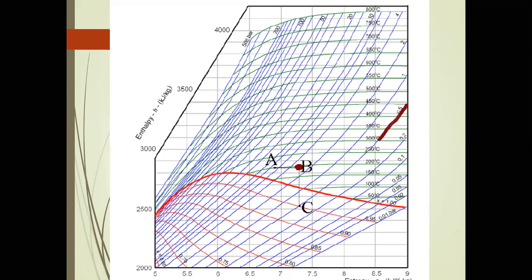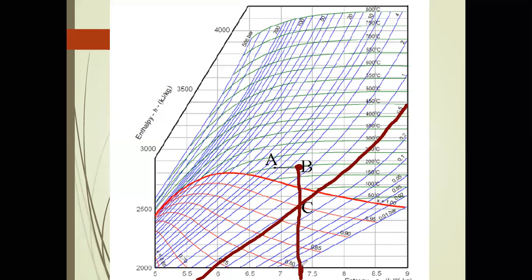This is the 0.5 bar line. And it is also told that the B point and C point entropy are the same. If I want to find the B point entropy, I have to draw the perpendicular line. This is the B point entropy.